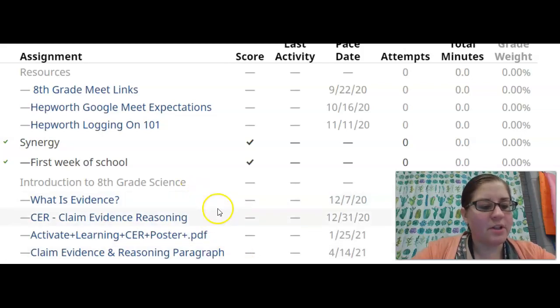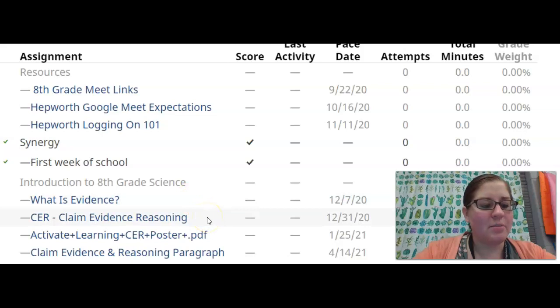So the first three links are going to be information that will help you on your claim evidence and reasoning paragraph. The first one, What Is Evidence, is actually a video. So please watch that if you were unable to watch it during our meeting session.